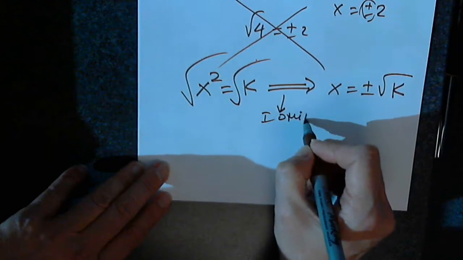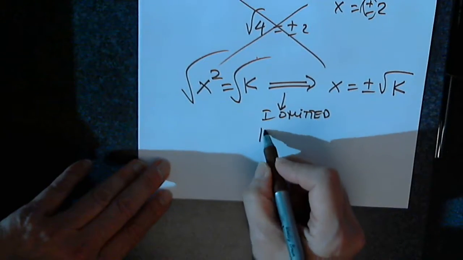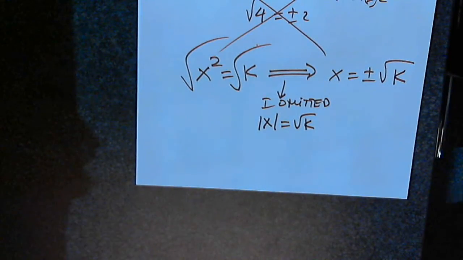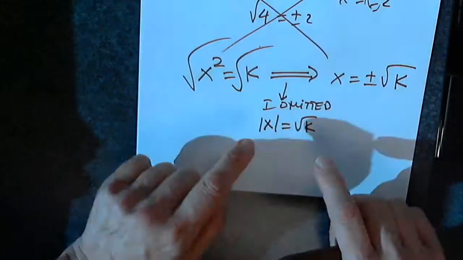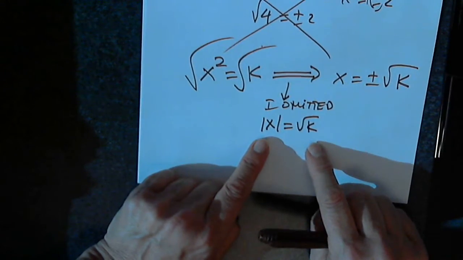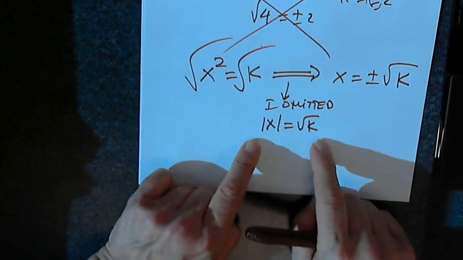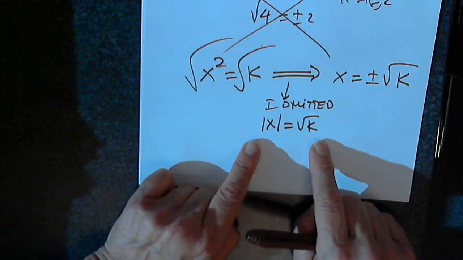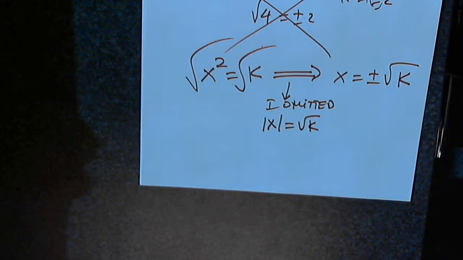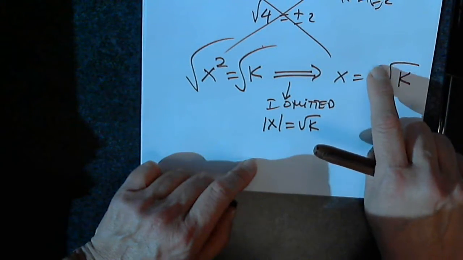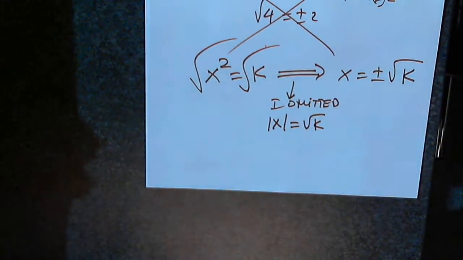I omitted the fact that this is the case. So in between these two, I should always write this. We don't. We start here and we end up here. But we know that there is an intermediate step in there. And that's the intermediate step because the absolute value creates the plus or minus, not the square root of k.